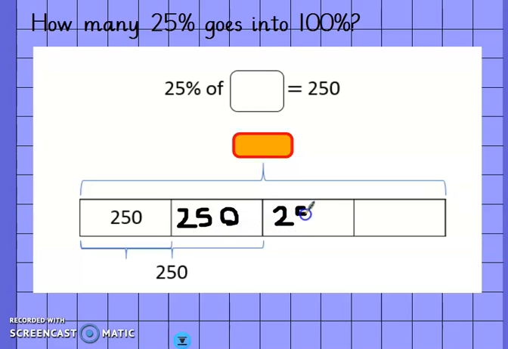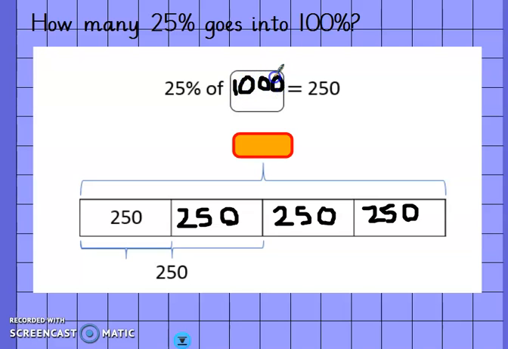So 250 was 25% of a number, which means 250 was 1/4 of a number. What is 4 times 250? So you could do it as 250 add 250 is 500. 500 add 500 is 1,000. Well done if you got that.